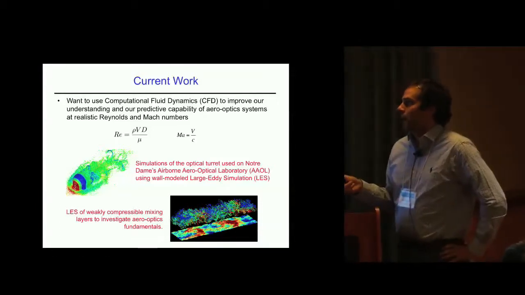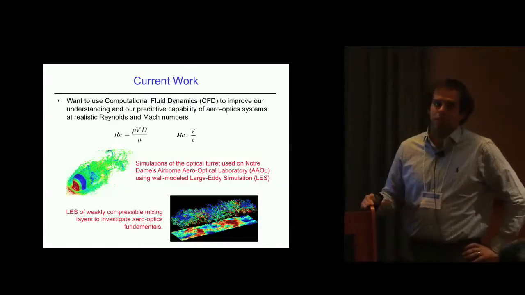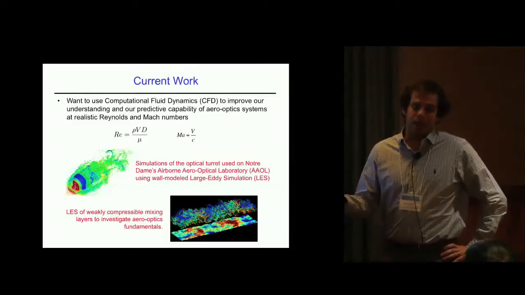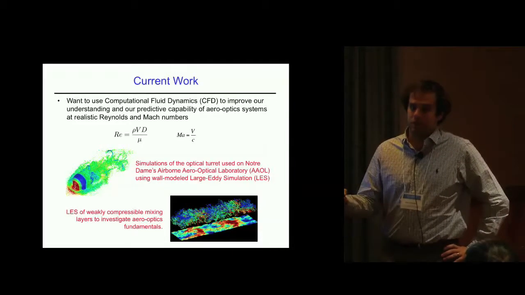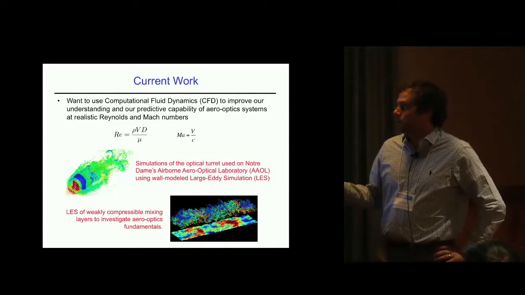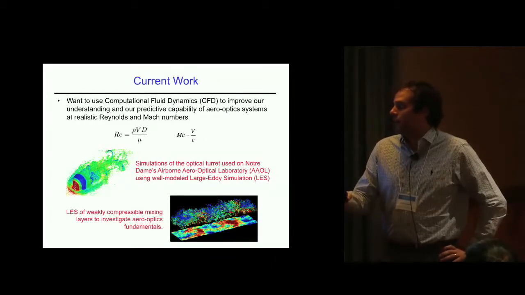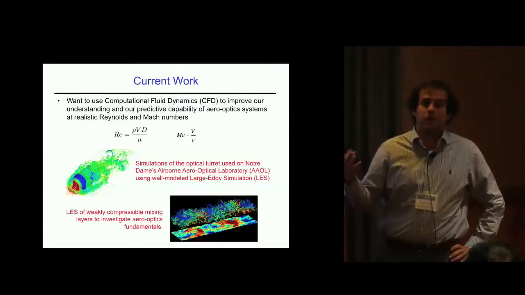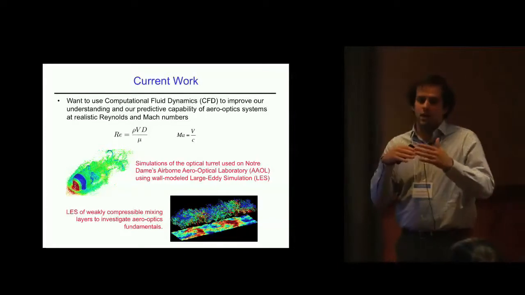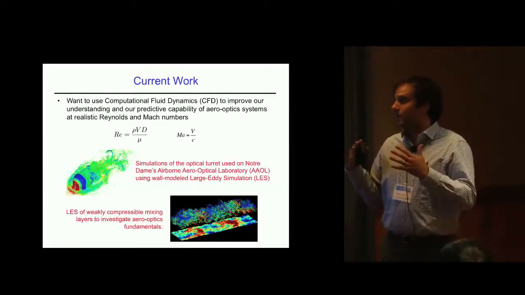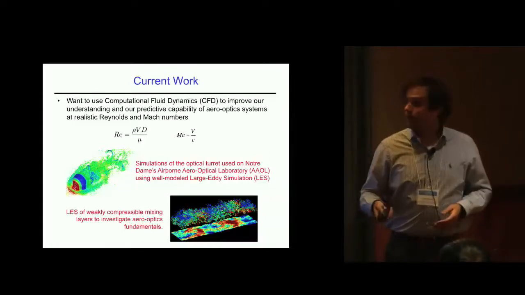So I'm running the simulations to compare and validate and look at some of the physics that maybe they can't get out of these really, really well done experiments. And then I've continued this a little bit more fundamentally by looking at LES of a low compressible Mach number mixing layer to investigate the connection between aero-optics fundamentals and the flow quantities themselves.